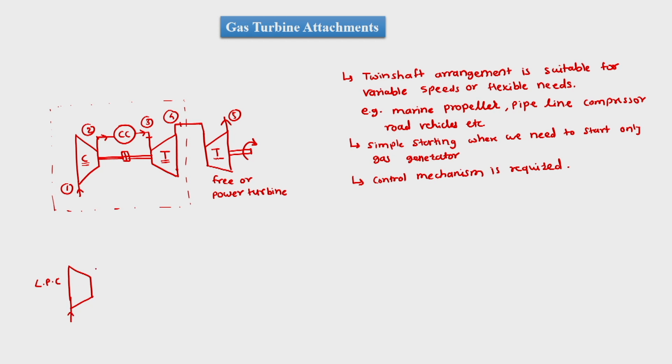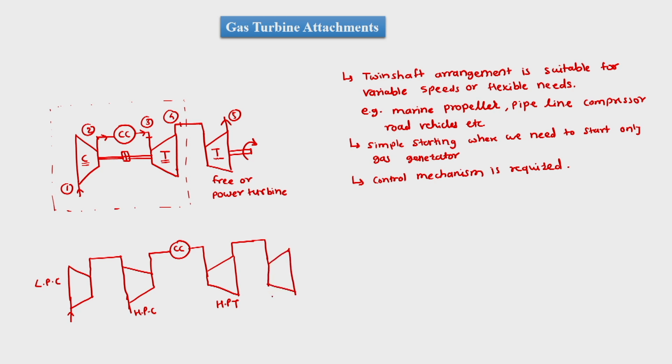This is the low pressure compressor. From the low pressure compressor, air goes again to a high pressure compressor, and then from the high pressure compressor it will go to the combustion chamber, and from the combustion chamber it will go to the turbine, which is the high pressure turbine. Air will go to the low pressure turbine, and then it will get exhausted.